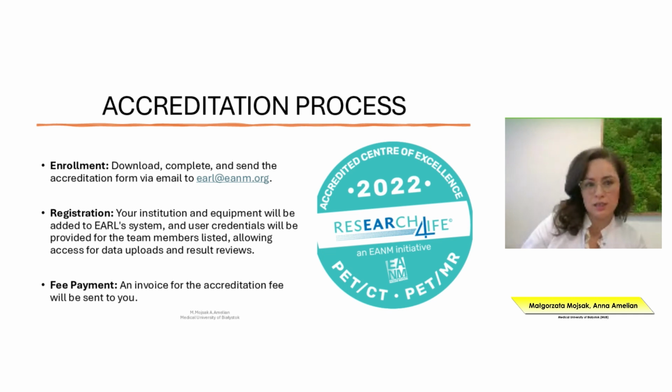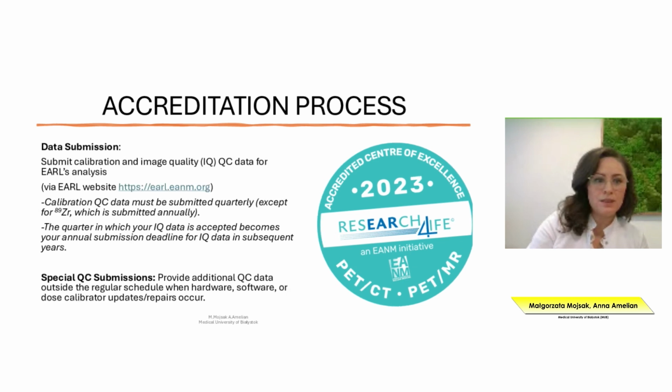So if we have 2 scanners in our institute, then we need to obtain 2 certificates, 2 accreditations. And as I said, this is a continuous process, and we need to keep sending the images constantly. Additionally, an invoice for the accreditation fee is sent to us. We need to pay for it, and then we need to send the proper images that are required.